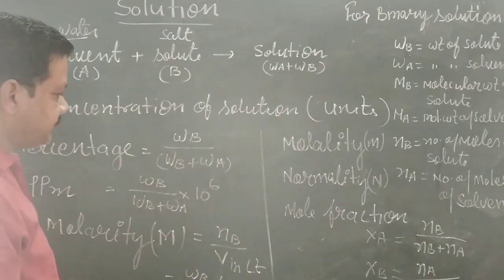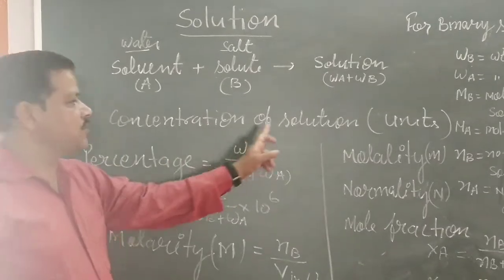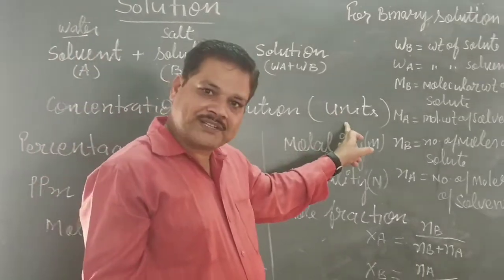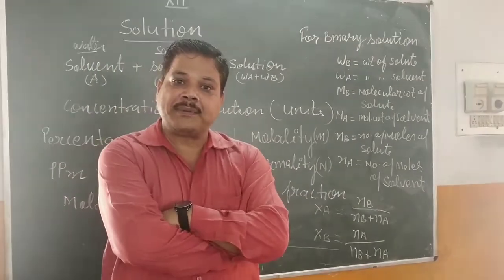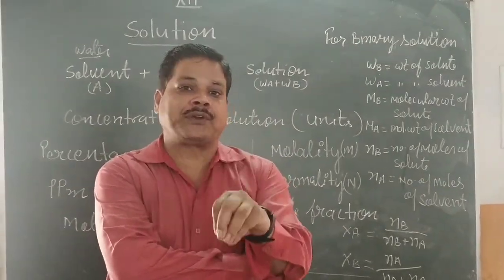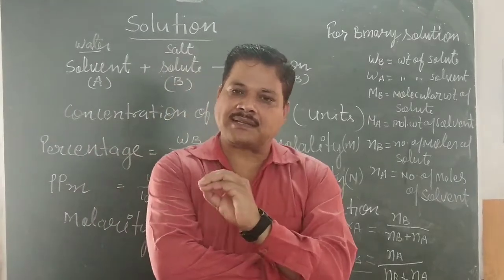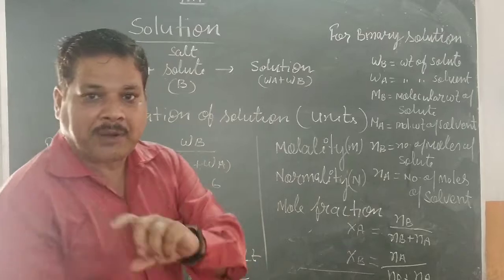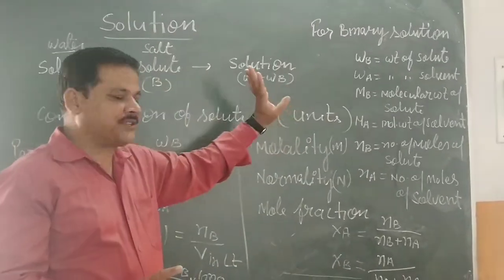See here, this topic is concentration of solution and its units. What is the meaning of concentration? Concentration means the amount of solute present in the solution. The amount of solute is expressed in different units.